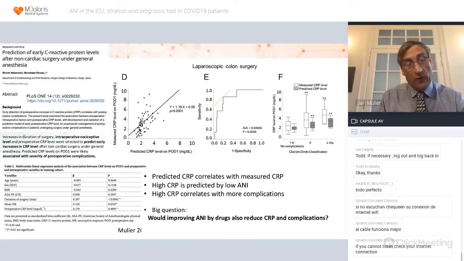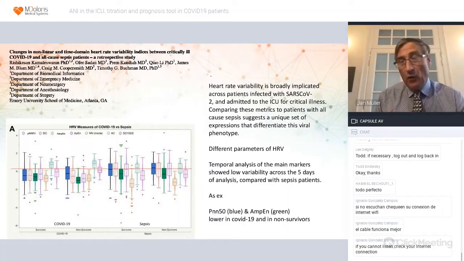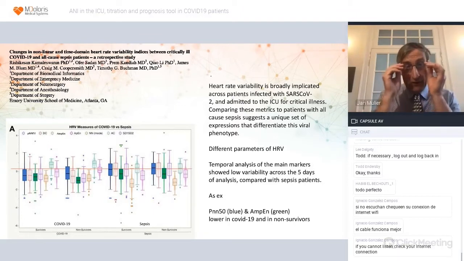So if you have a high inflammatory reaction, we will have a low heart rate variability measured by the ANI monitor. And this opens a whole new way to evaluate directly on the spot at the bedside what the para and orthosympathetic tonus is, and at the same time what the inflammatory reaction is.